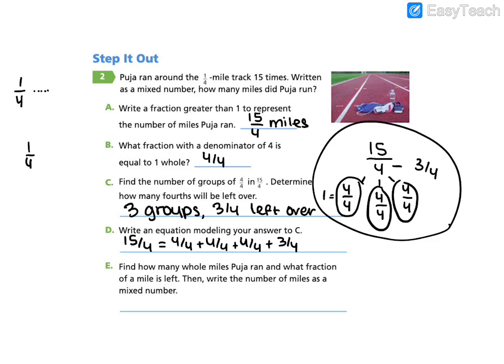Each of these is equal to 1. So how many miles did Pooja run? She ran 3 whole miles plus 3/4 of a mile. So she ran a total of 3 3/4 miles.